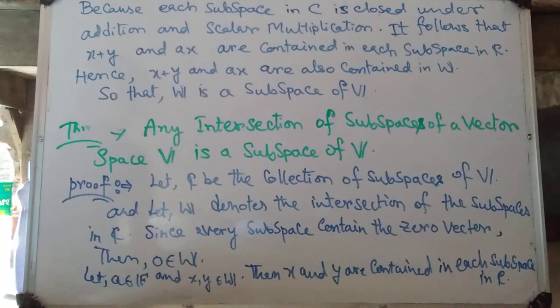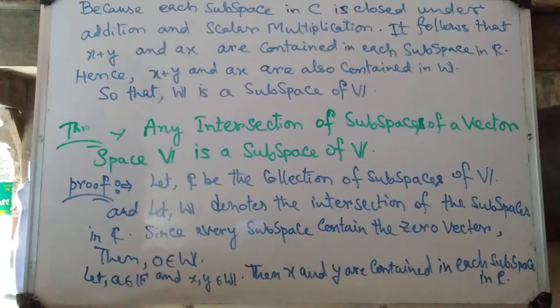So we have also proved this important theorem: any intersection of subspaces of a vector space V is a subspace. And obviously we know that the union of subspaces need not be closed under addition.